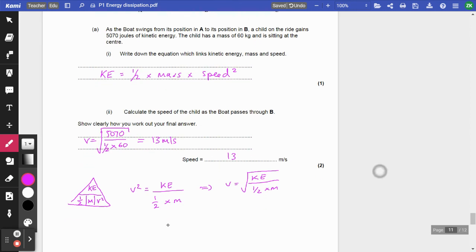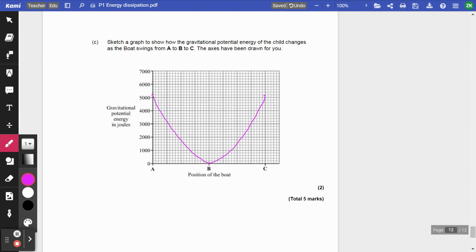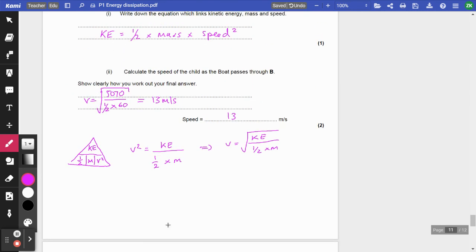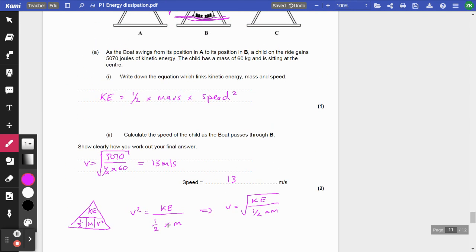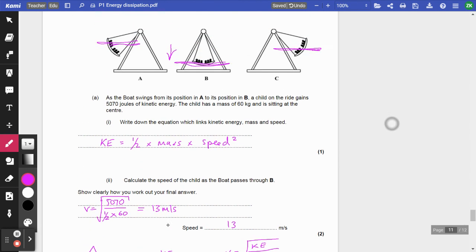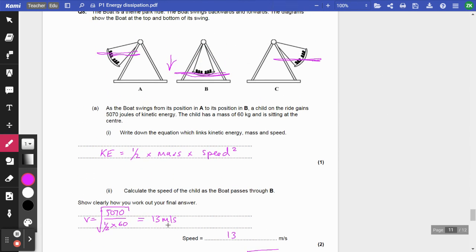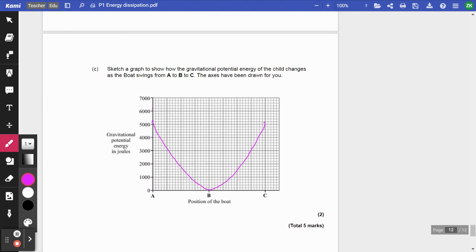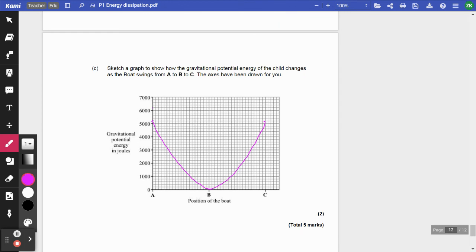Okay, now here in the graph, we know that 5,070 joules of kinetic energy was gained when the boat reached this position here. So 5,070 joules is the amount of GPE that the boat had to begin with, you can argue.